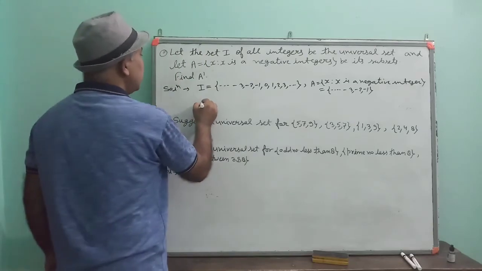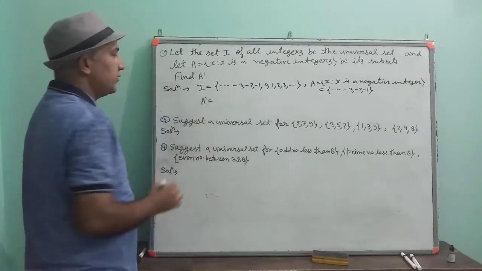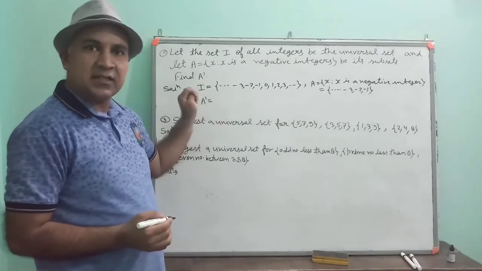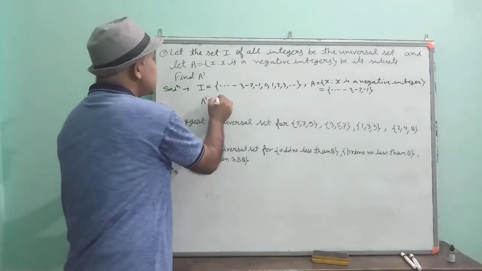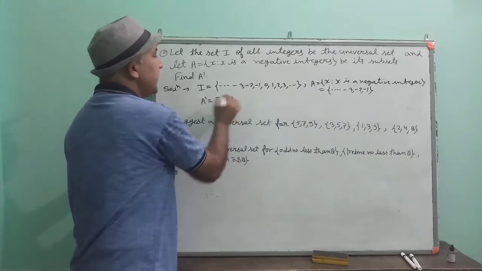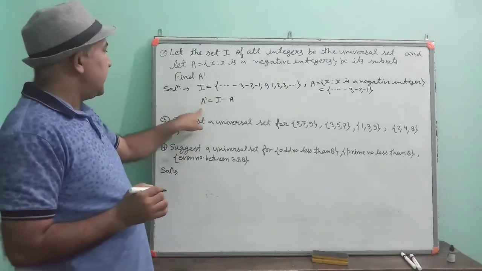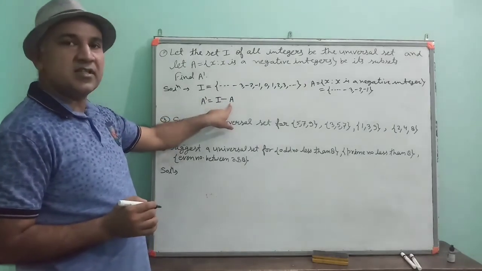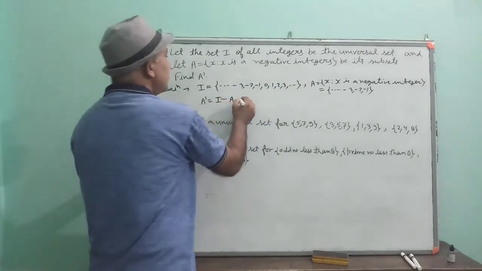Now we have to find A complement. We know that A complement means universal set minus A. In this question, it is I minus A. Understood? A complement means universal set minus the given set. Now find its value.